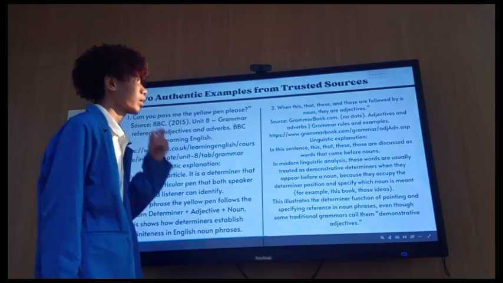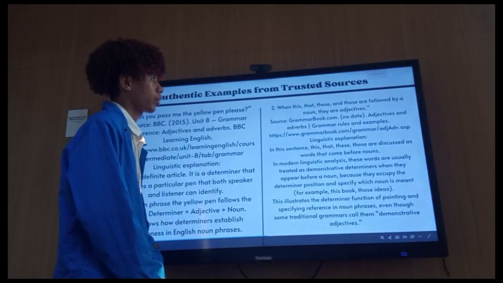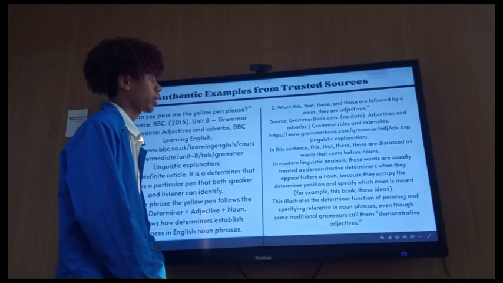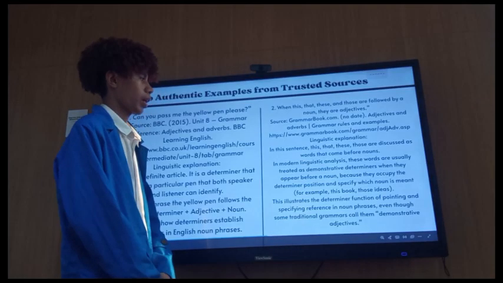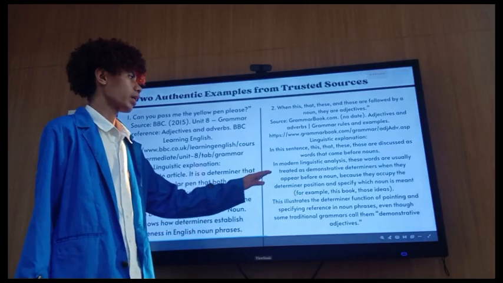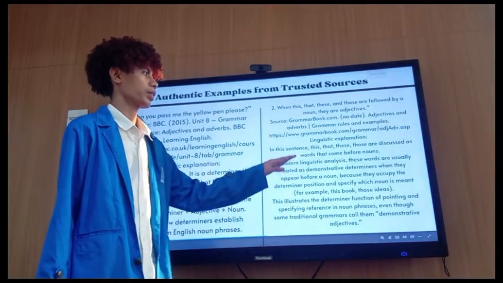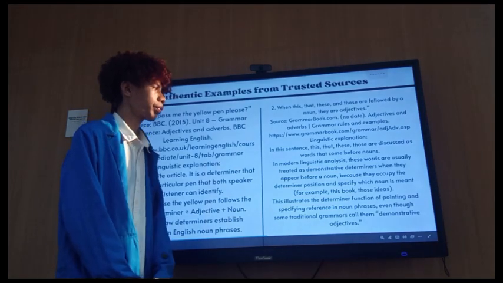So when this, that, these, and those are followed by a noun, they are adjectives. Grammar books come with a linguistic explanation. In these sentences, this, that, these, those are discussed as words that come before a noun.